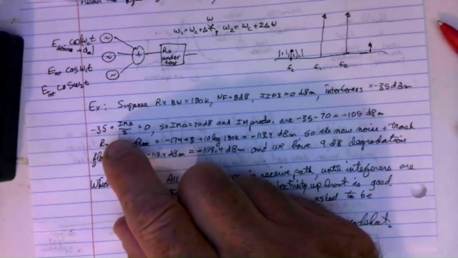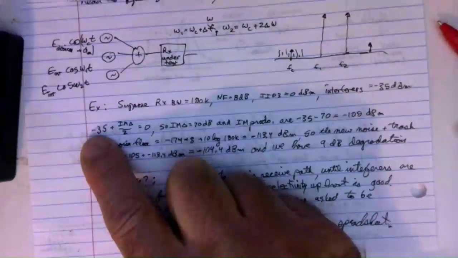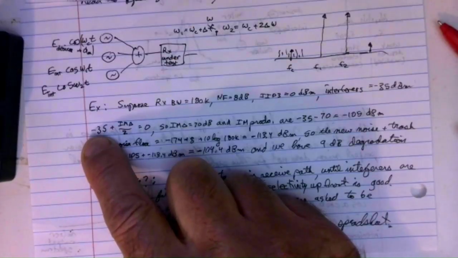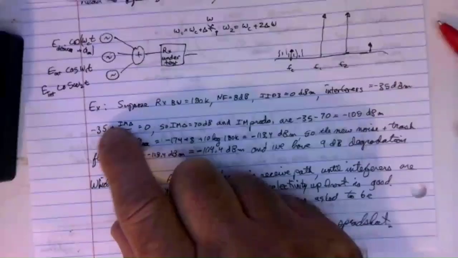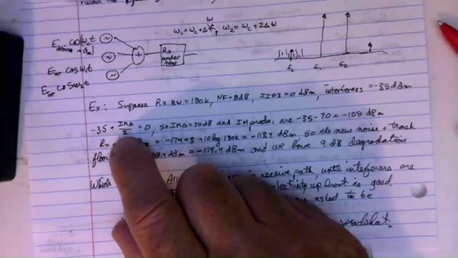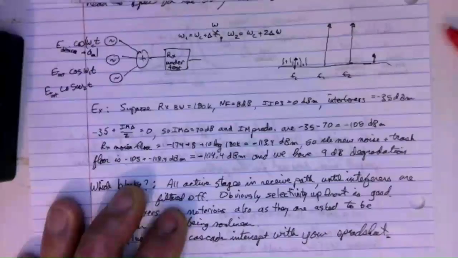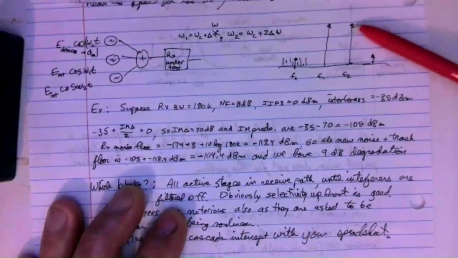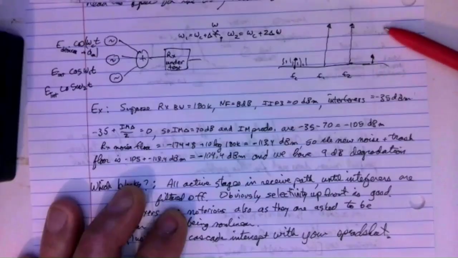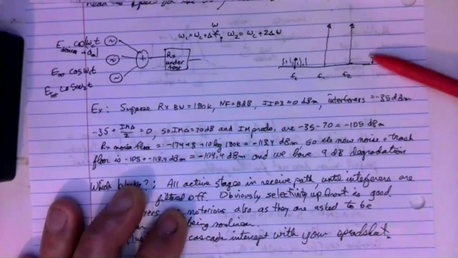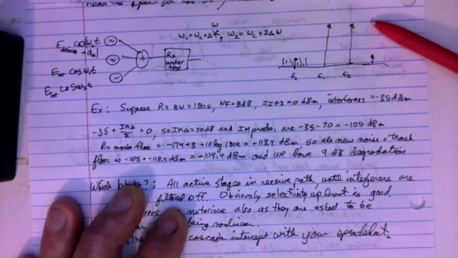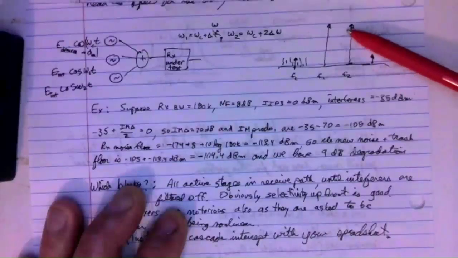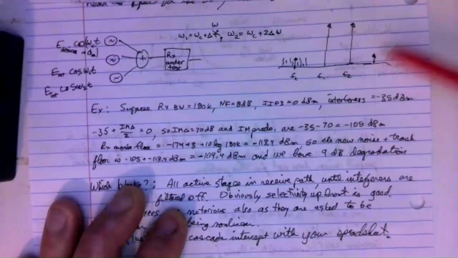And so here is what we know. If our interferers are minus 35 and we're going to have the IM products, IM delta is the dB difference between the IM product and the tone. So the delta is the difference in dB between this guy and that guy.